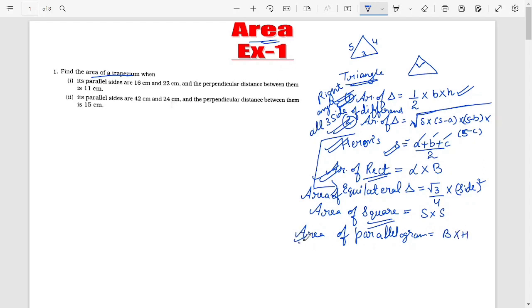Why am I saying quadrilateral? Because all these figures, parallelogram, square, rectangle, are of four sides. Closed figures with four sides are known as quadrilaterals. So the area of a parallelogram formula you have to remember: base into height. Now area of rhombus.